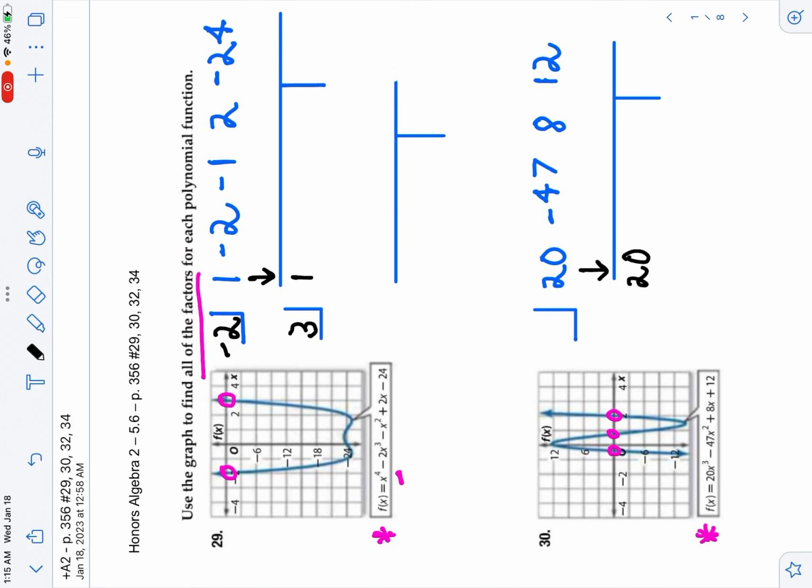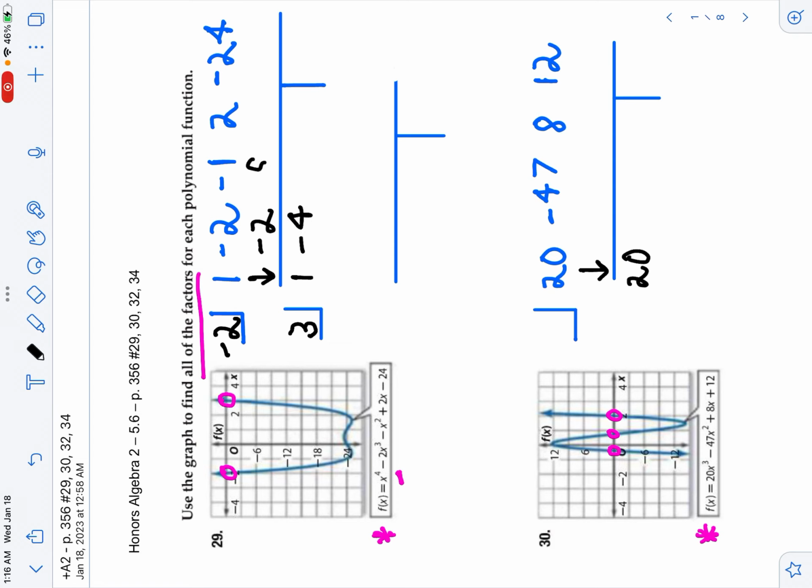So if I do -2 first, of course I drop down my leading coefficient of 1, found from the polynomial function below. Then -2 times 1 is -2. The sum is -4. -2 times -4 is +8. That sum is 7.